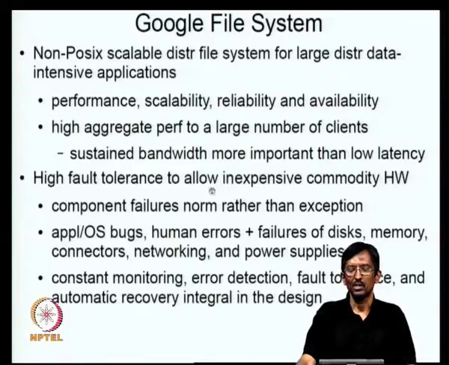So, the idea here was to find a way of redesigning the application and file system together, so that you can use fault tolerance to be able to use inexpensive commodity hardware. That is the basic thing they tried doing, and I think they succeeded quite well. Okay, let us try to understand what they did and how they did it.